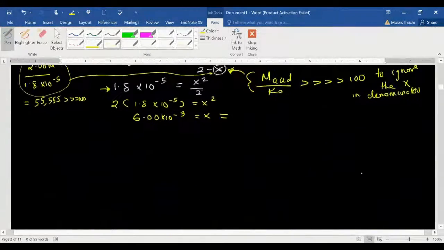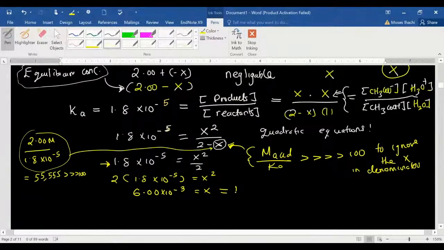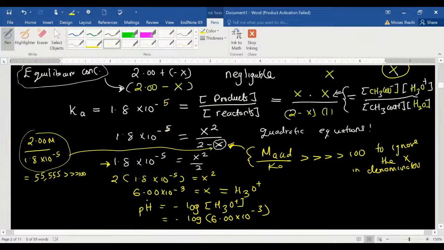Once we solve for x, we are ready to find the pH of this solution when acetic acid is dropped in water. We use our normal equation: pH equals negative log of the hydronium ion. So pH equals negative log of 6.00 times 10 to the power minus 3, which is the value of x we just solved for. And the pH will be 2.22. That will be the final answer.